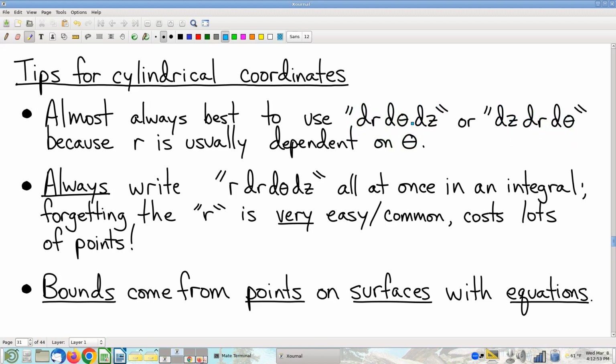Again, just like with polar coordinates, don't forget your stretching factor. Very easy to forget. Very big deal. Here's a tool to prevent yourself from accidentally forgetting, which we're all susceptible to, myself included. Just think of this as a single thing. After all, this is dV. This is dx dy dz.